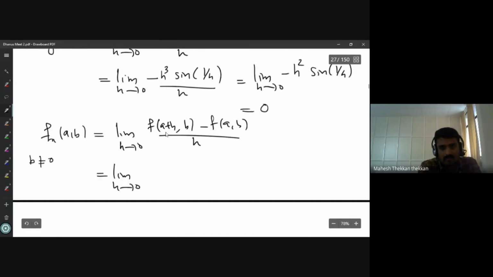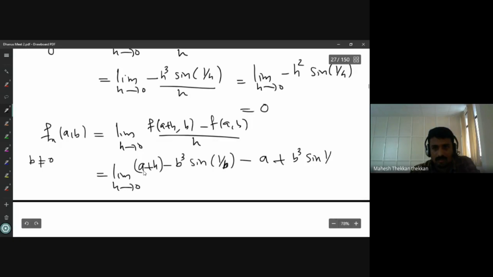So in that case f(a+h, b) is (a+h) minus b cube sine 1 by b, minus (a plus b cube sine 1 by b), divided by h.